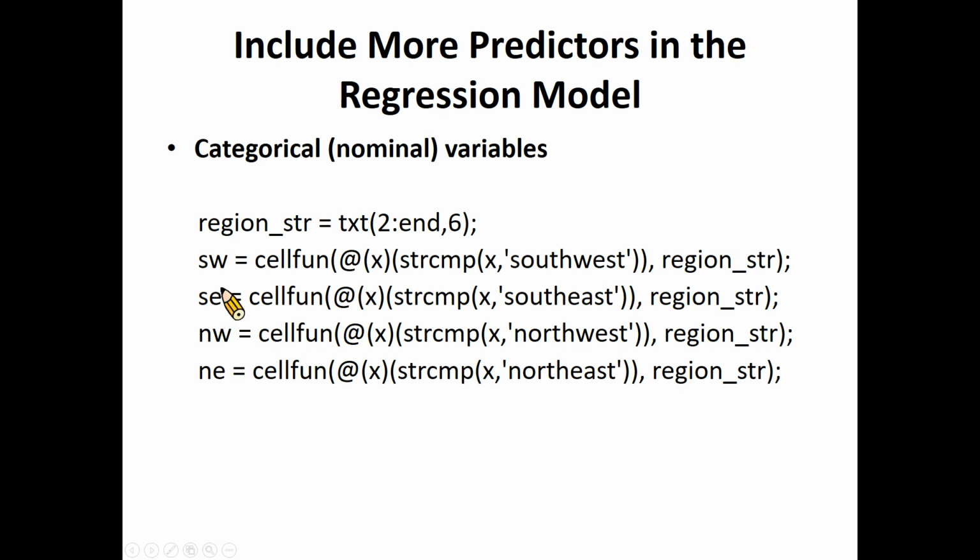In this course, we will create 4 dummy variables, which I name SW, SE, NW, and NE. So in SW, the number 1 represents the southwest, and the rest of the areas will be 0. Likewise, similarly for the other dummy variables.